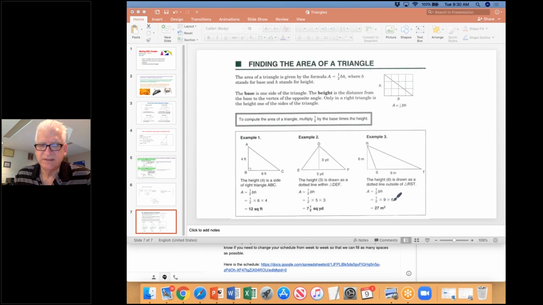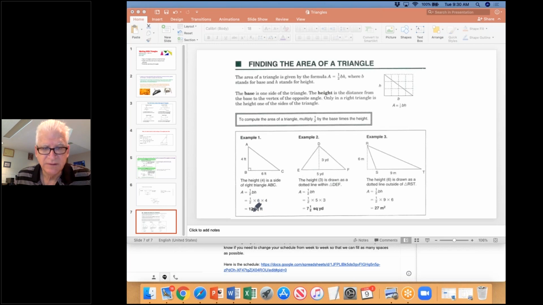9 times 6 is 54, times 1/2 is 27. Now, in the three examples given here, because we're finding area, it's always given in square feet, square yards, square inches, square meters.